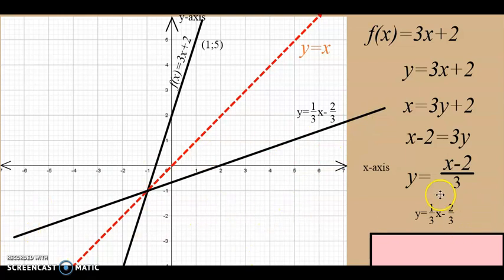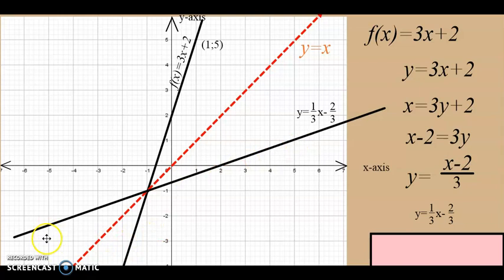Now I connect the dots. If for some reason you are unsure about your graph, your inverse function is a reflection about the line y is equal to x. So choose any given point on your original function. Count how many spaces you need to move to get to the line, and take a 90-degree turn and move in the other direction the same amount of spaces from the line, and you will get your plot.